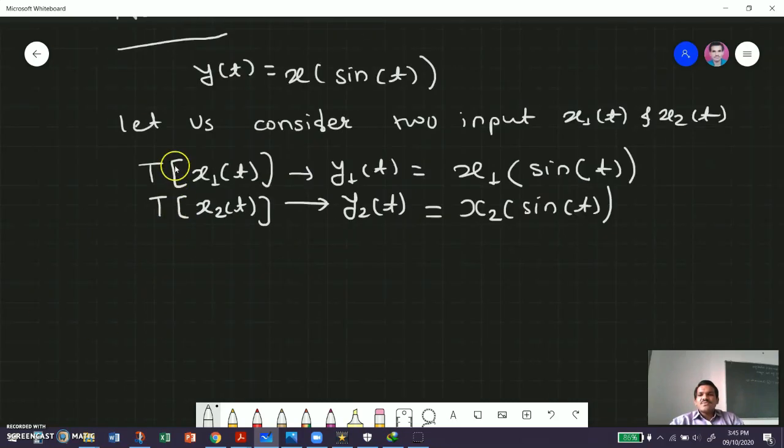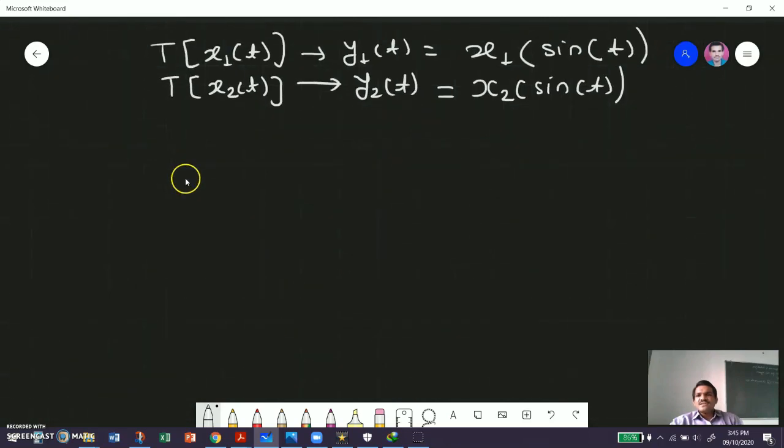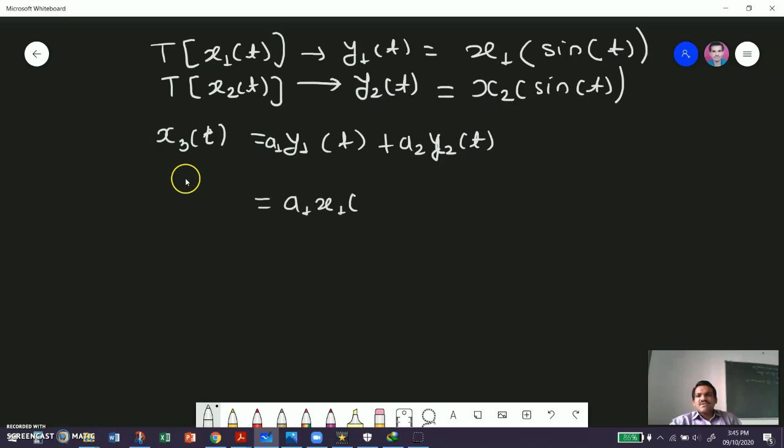Is that clear? Now we have x3 of t, which is nothing but the linear combination of these two, a1 x1 of t plus a2 x2 of t. Correspondingly, a1 y1 of t plus a2 y2 of t is equal to a1 x1 of sine of t plus a2 x2 of sine of t.